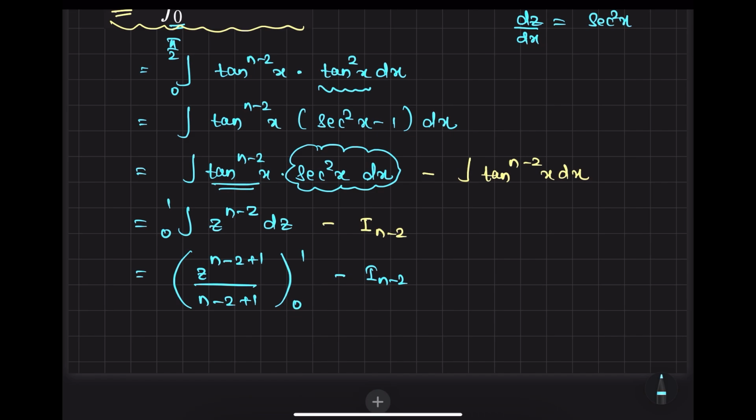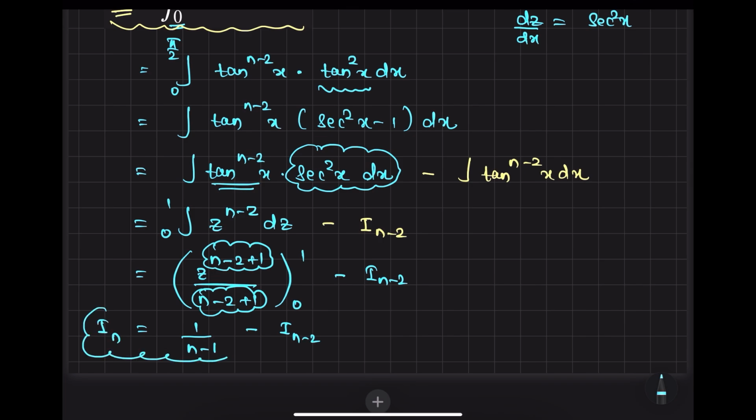Now if you put the upper limit, the power will become n minus 1, and the denominator is also n minus 1. So if you replace z with 1, it will become 1 by n minus 1. And if you replace the lower limit, z will become 0, and it will make everything else 0. Okay, so this is the answer for the first part. And then we have I of n minus 2. So this is the formula for I_n.